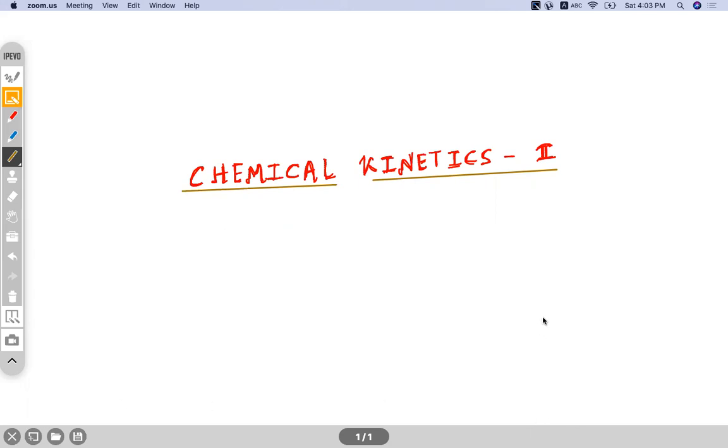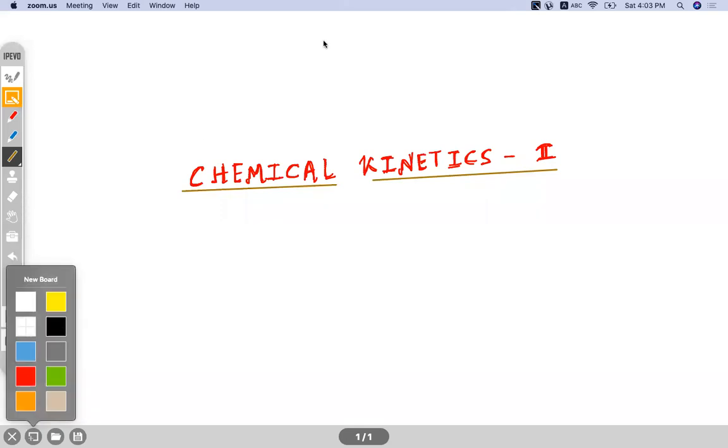Next, we are going to start with the second order reaction. So write down the heading. Second order reaction.